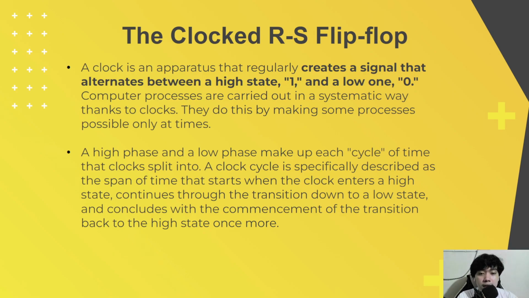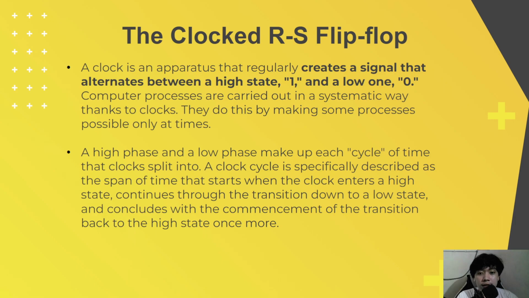So computer processes are carried out in a systematic way. Thanks to clocks, they do this by making some processes possible only at certain times. A high phase and a low phase make up each cycle of time that clocks split in two.